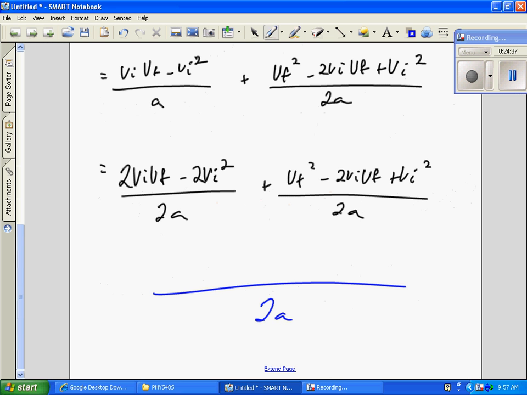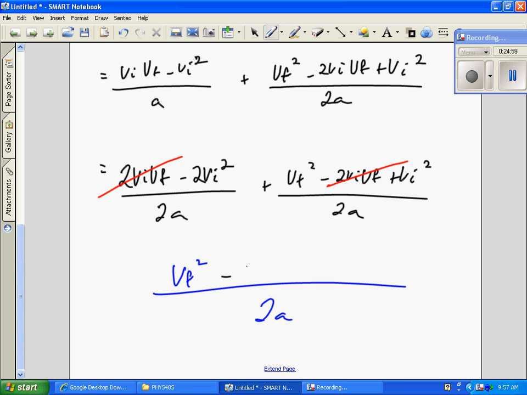Vf squared. I got plus 2 Vi Vf, and I got minus 2 Vi Vf. Minus 2 Vi squared plus Vi squared. Minus Vi squared. Now, doesn't that look nice?